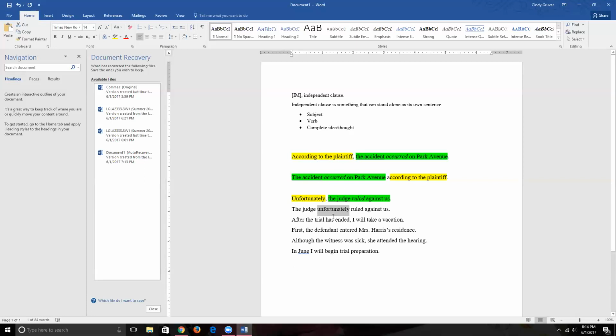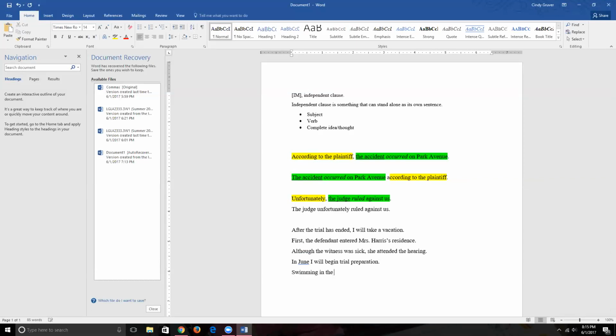Now, as we look at these sentences, we can see that they have a lot of, this is a conjunction, this is an adverb, this is a preposition. We have lots of different parts of speech, and there's actually others we could have.